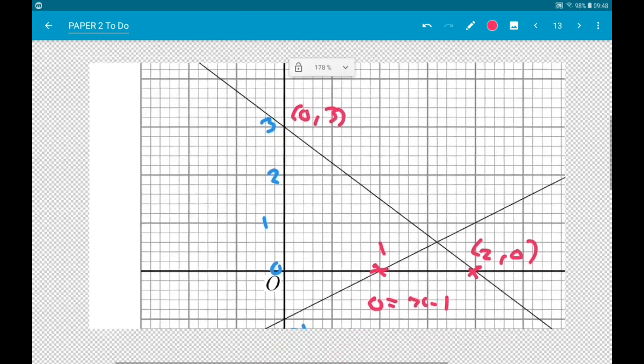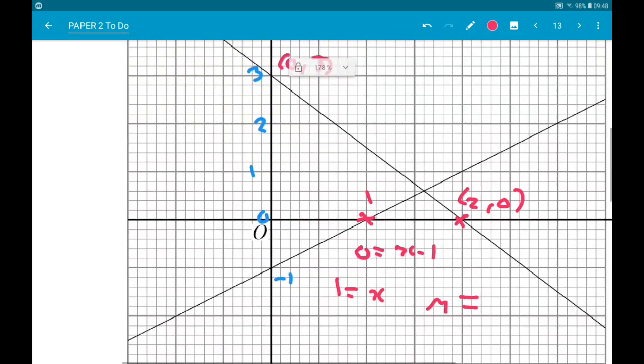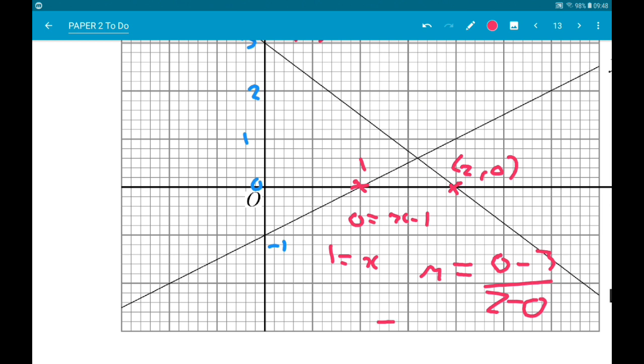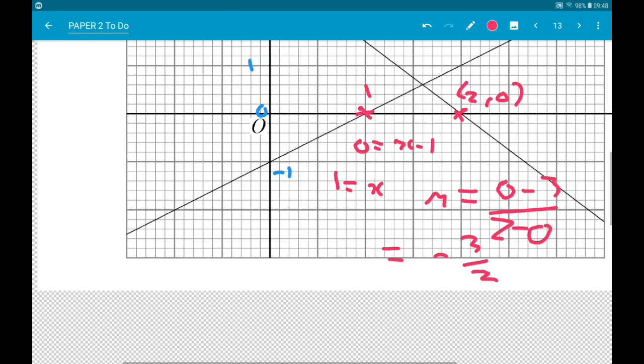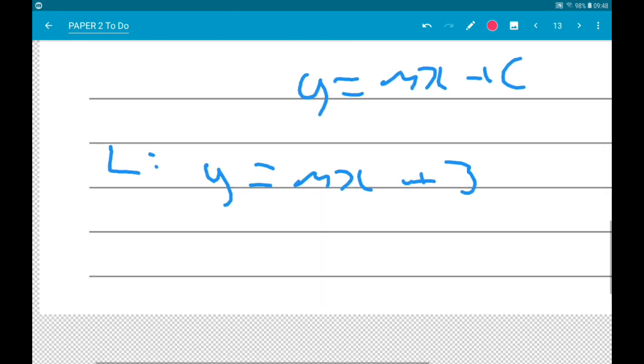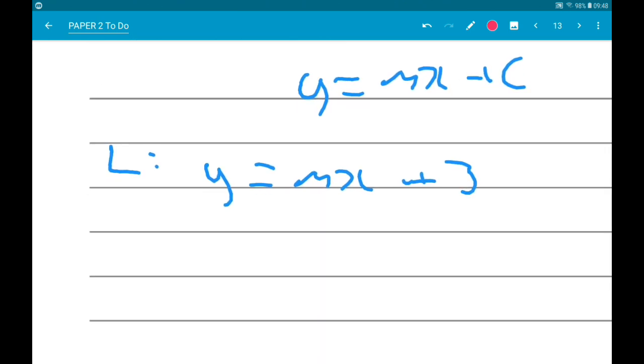So we can do 0 take 3, over 2 take 0. Now that gives us minus 3 halves. So L as equation is y equals minus 3 halves x add 3.